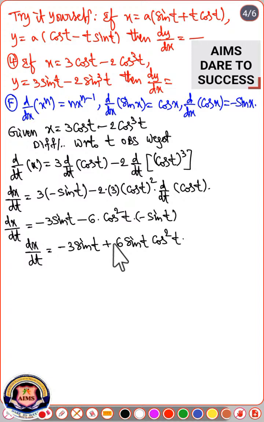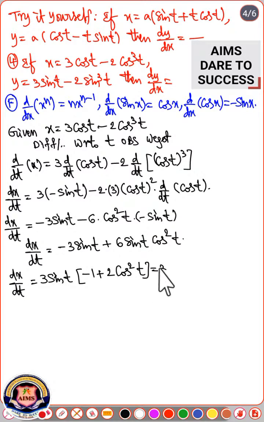Okay my dears, next, if you want to simplify further, dx by dt is equal to, we have 3 sin t common, so write 3 sin t outside. The remaining value is minus 1 plus 2 cos square t. After that, 3 sin t into 2 cos square t minus 1 is cos 2t.